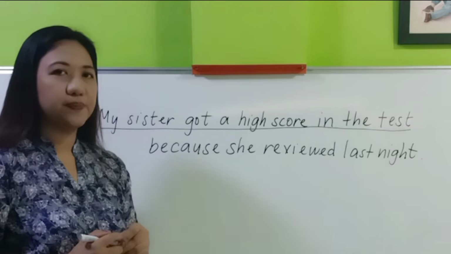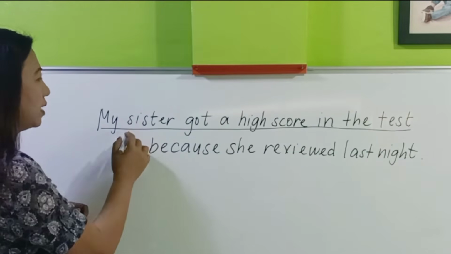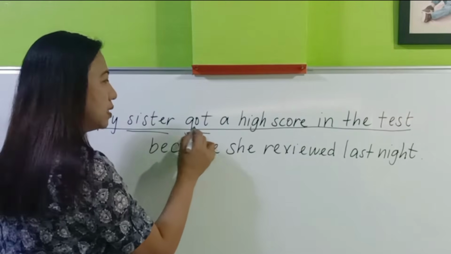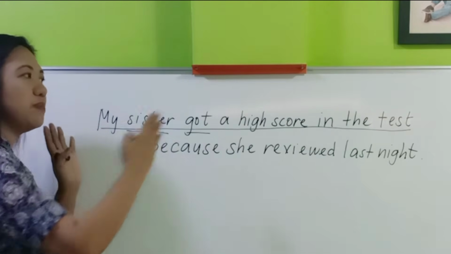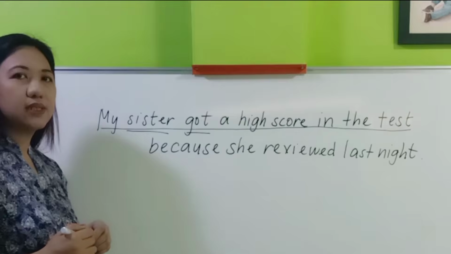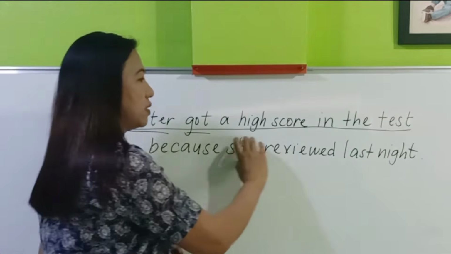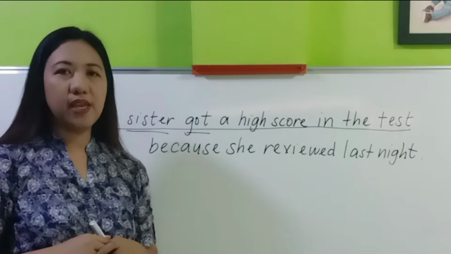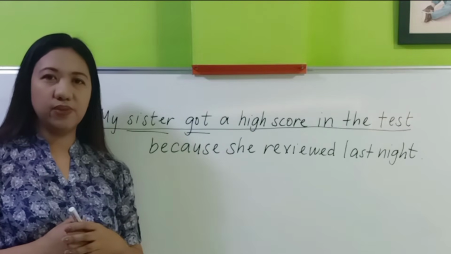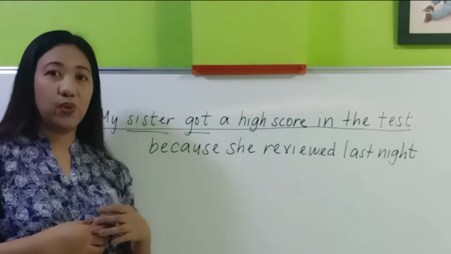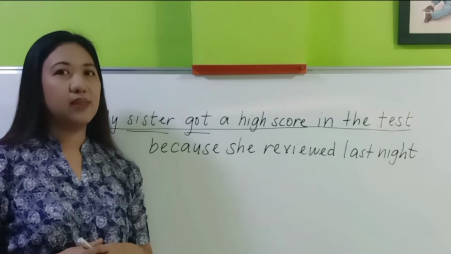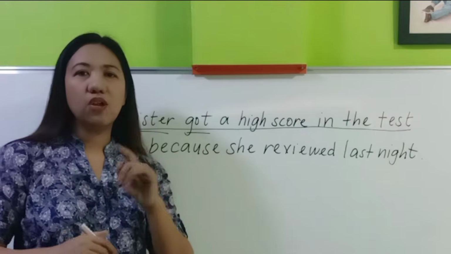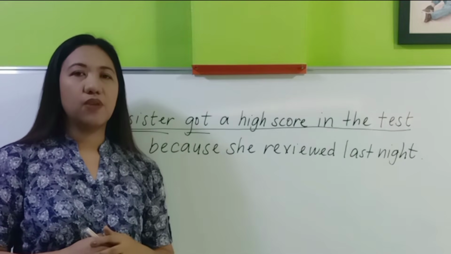Why? It has already a subject and a predicate. This is the simple predicate. So that makes the sentence complete. If we remove this, because she reviewed last night, from this clause, do you think it can still stand alone? Does it still show a complete thought? Yes, my sister got a high score in the test. That already shows a complete thought.